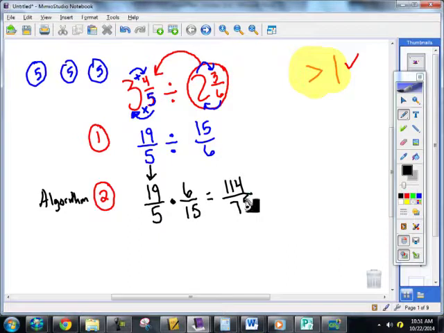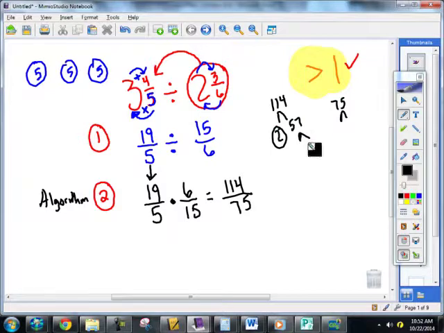Now to simplify this, think here we could go up, and one second. Okay. Again, you can go up to your paper and actually do the greatest common factor, if that'll help you. Here I know this is going to be 2 and 57. Okay, it's prime.